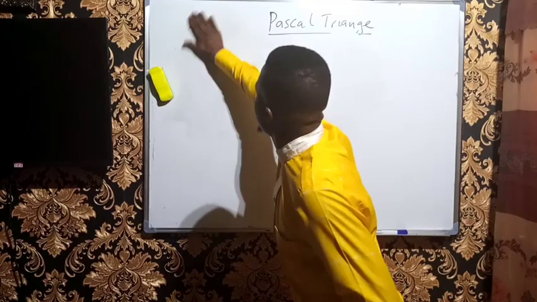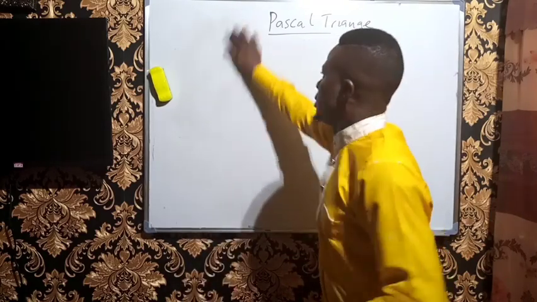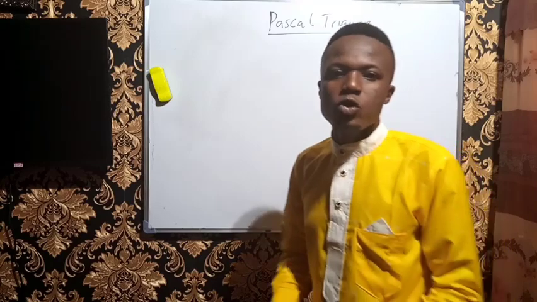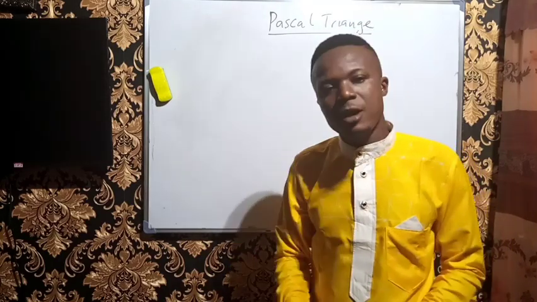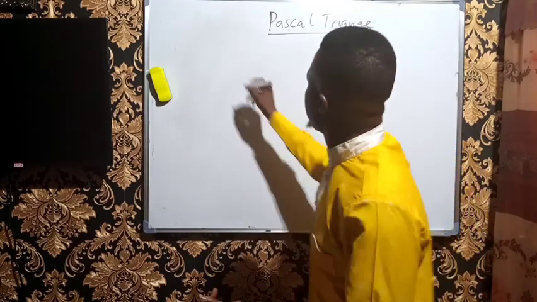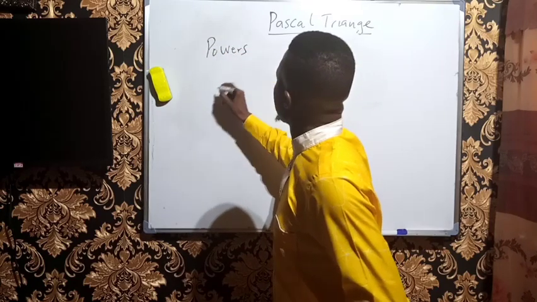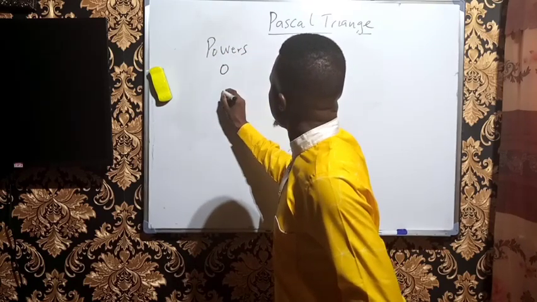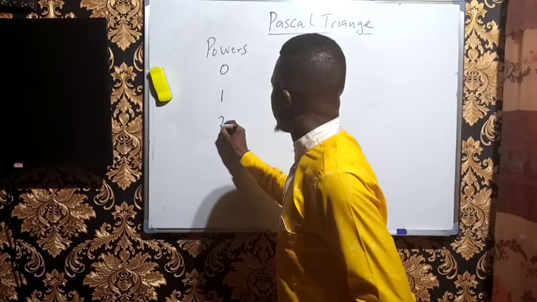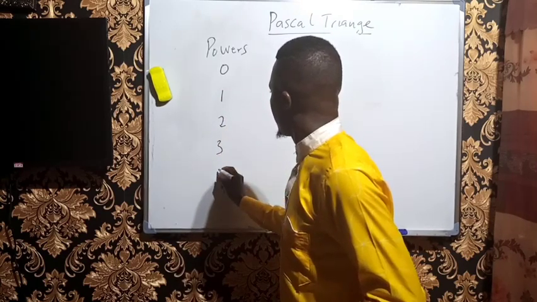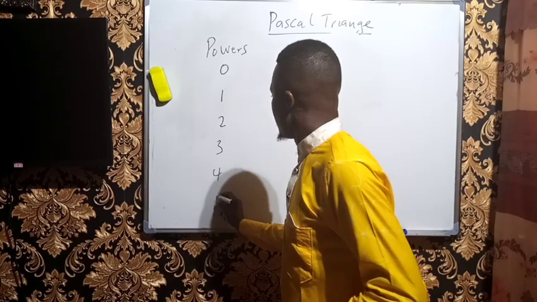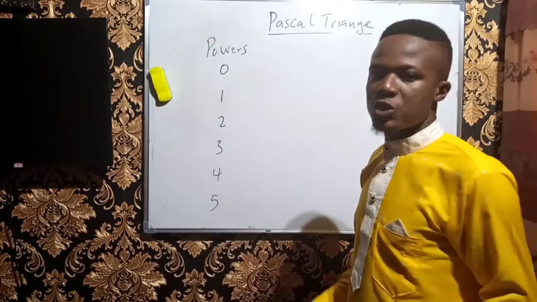Okay. Now, this Pascal's triangle has a pattern with which you're going to expand binomials. For example, now, these are powers: power of 0, power of 1, power of 2, power of 3, power of 4, power of 5, and so on and so forth.